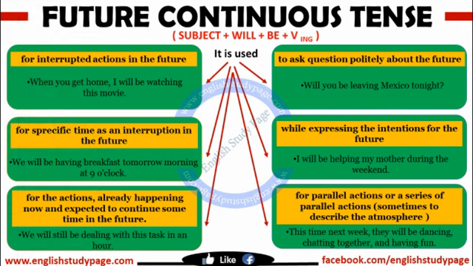Another slide demonstrates the future continuous tense and when it is applied in a variety of sentences. For example, for interrupted actions in the future, when you get home, I'll be watching. For a specific time as an interruption in the future, we'll be having breakfast tomorrow morning at 9 o'clock. To ask questions politely about the future, will you be leaving Mexico tonight?